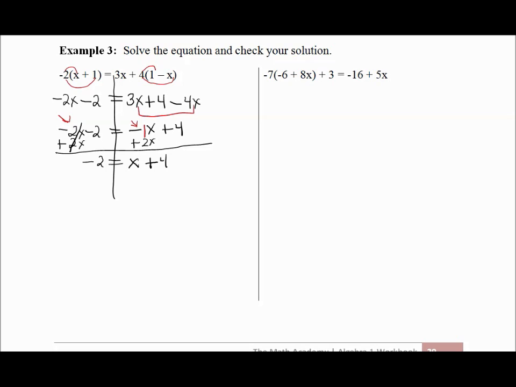So now subtract 4. Still trying to isolate the variable. -2 minus 4 will give you -6. So that means that the solution to the equation is x is equal to -6.